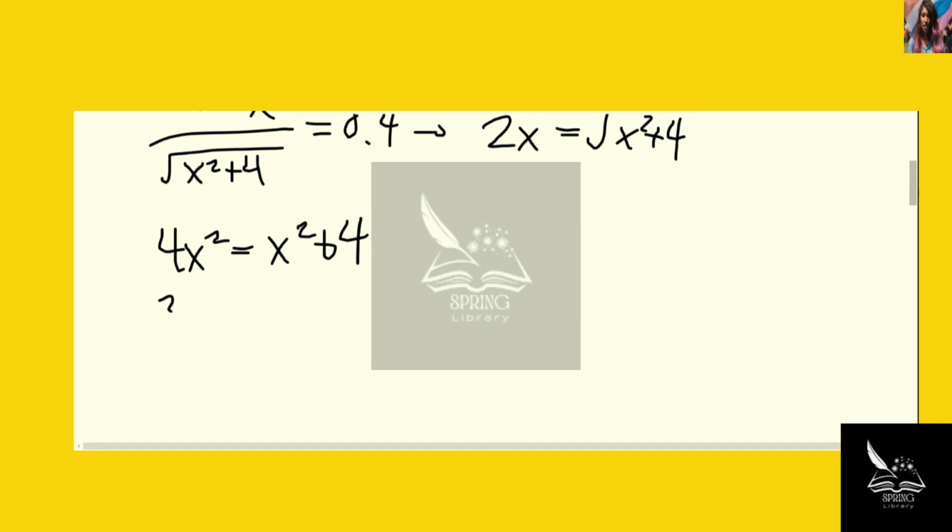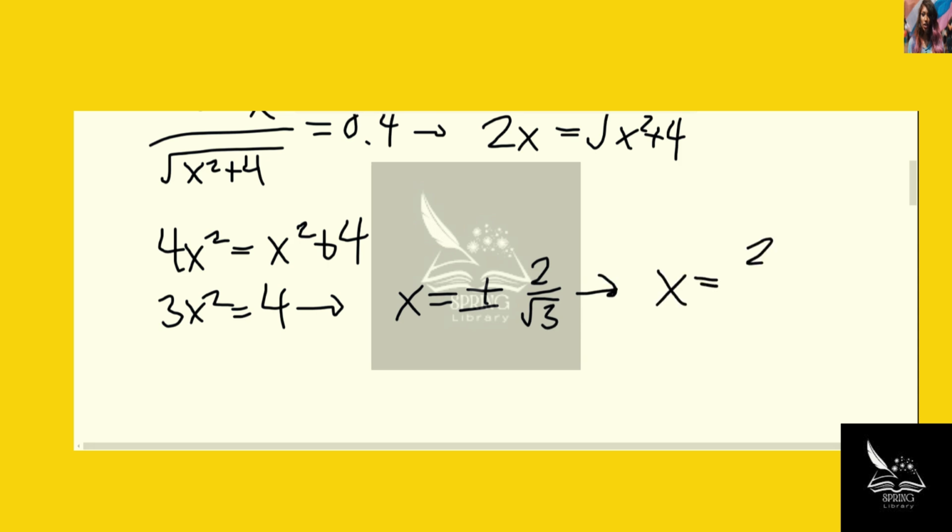So we get 3x squared equals 4, so that x is equal to plus or minus 2 over root 3. Now, looking back at our diagram, this only makes sense if x is equal to positive 2 over root 3. So we don't have negative x in our domain.